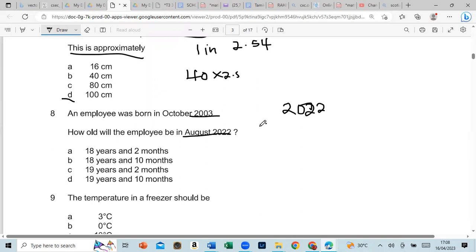I could have easily said 19 years old, but I have to remember it's not October yet. So the closest would be 18 years and 10 months.